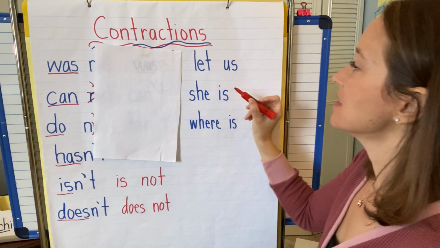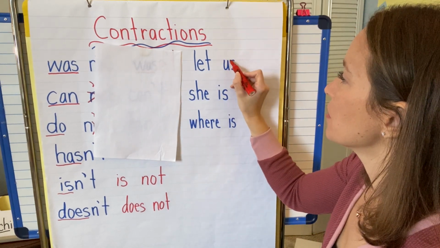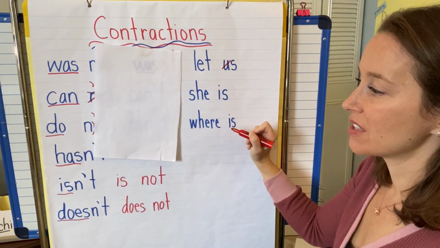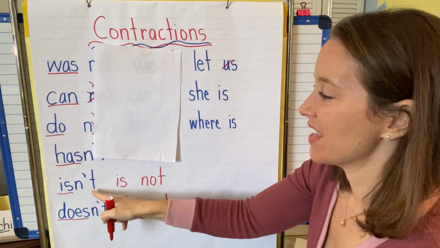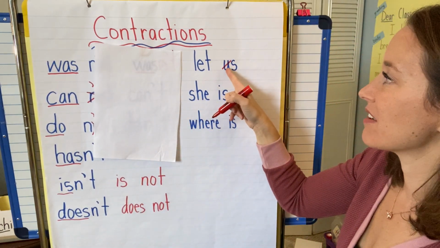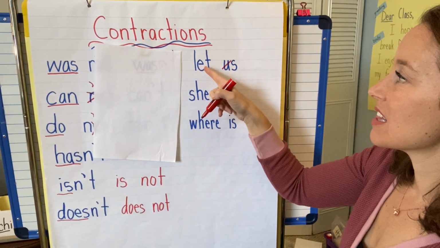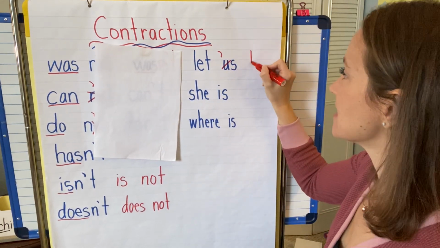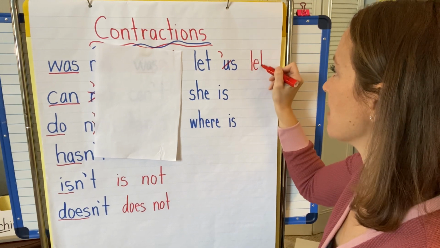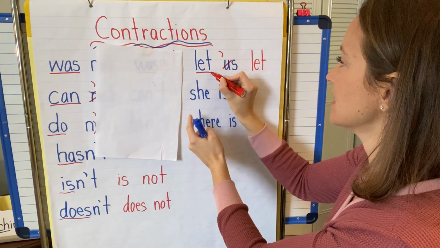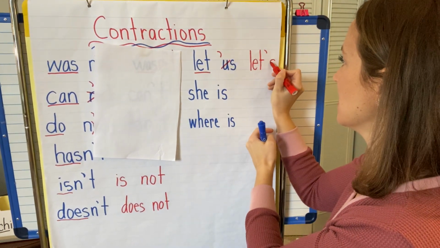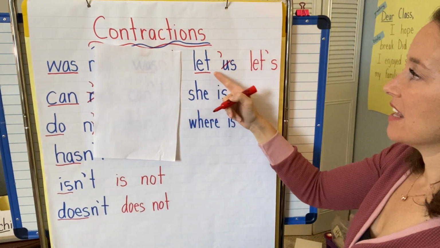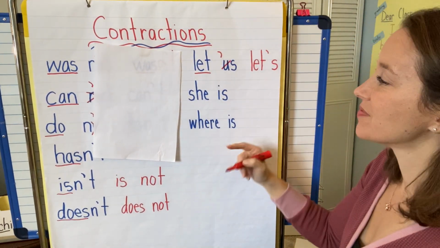Whenever we have us, we are going to get rid of the U. Do you notice we almost always keep the end letter? So we're going to get rid of that beginning. So instead of let us, we say let's. L-E-T, that base word, right? Let apostrophe S. Let us, let's.